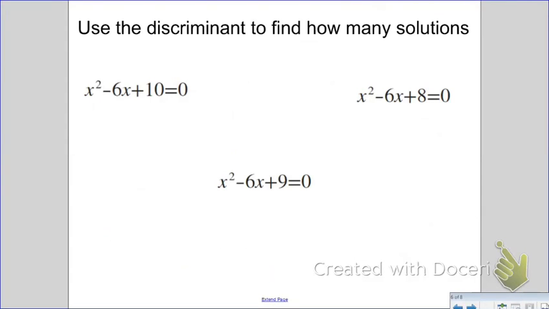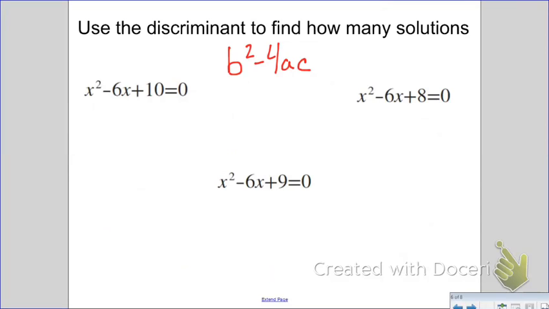So let's try this out. So again, the discriminant formula is b squared minus 4ac. It's that part of the quadratic formula. So let's try it out.